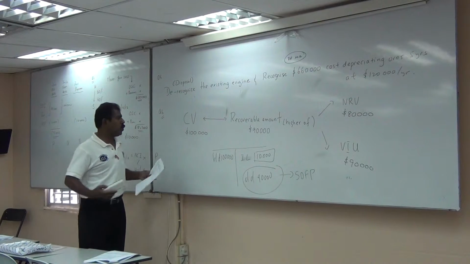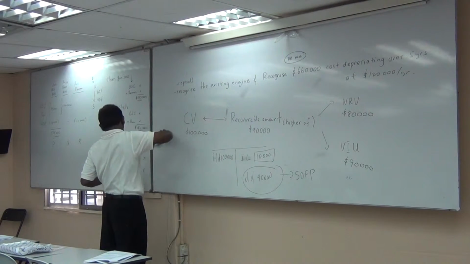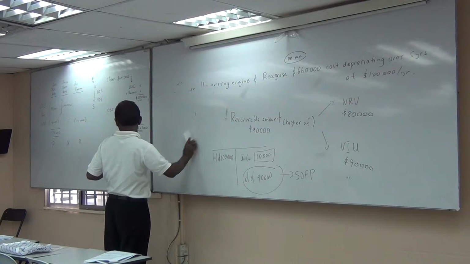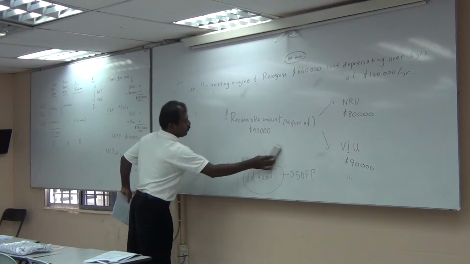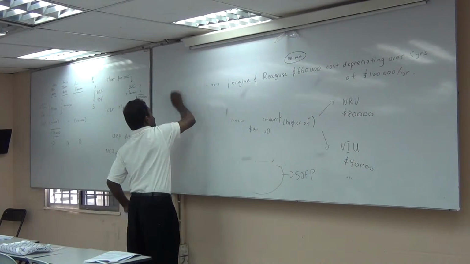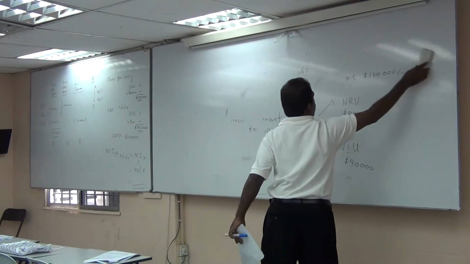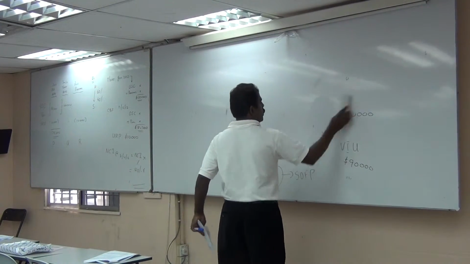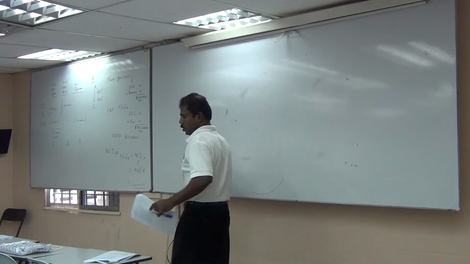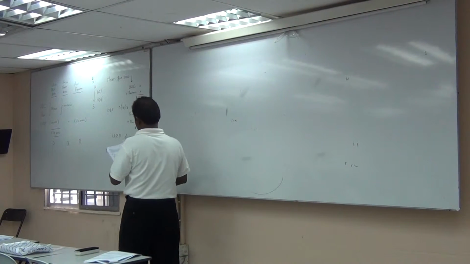So at 1st January 2014, they expect the amount will be 800,000. This is actually the environmental provision.